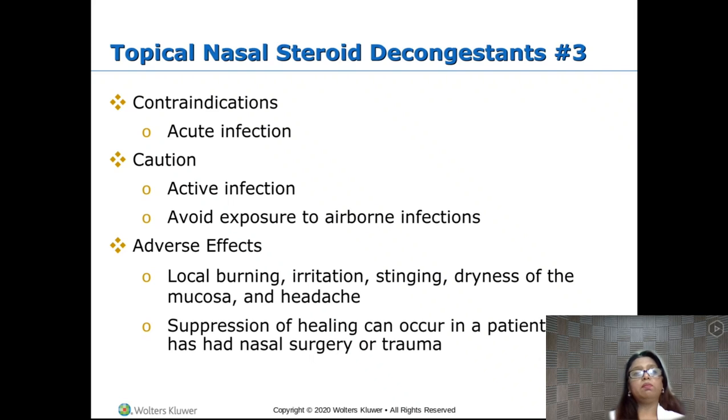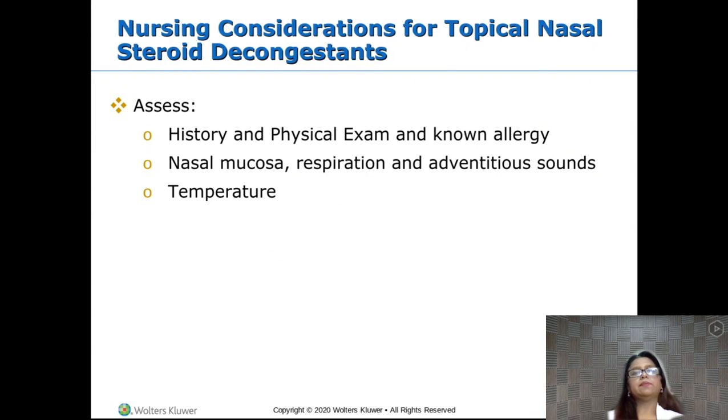Adverse effects could be local burning, irritation, stinging, dryness of mucosa, and headache. Suppression of healing: because they are immunosuppressants, they slow down the process of healing. Assess: check history and physical examination, known allergies, nasal mucosa, respirations, adventitious sounds, and temperature.